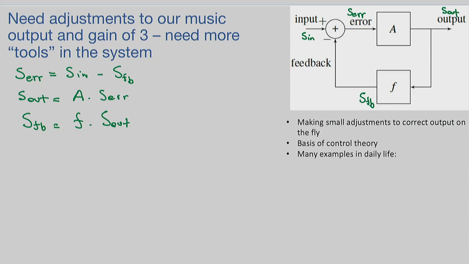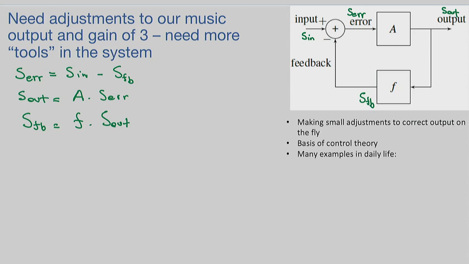Now, what we want to see here is we always want to look at the signal out, right? And we are using some amplification. So I'm going to rearrange these equations to give us a relation between the signal that's coming into my system and the signal that's coming out of the system. Because that's what I care about, right?